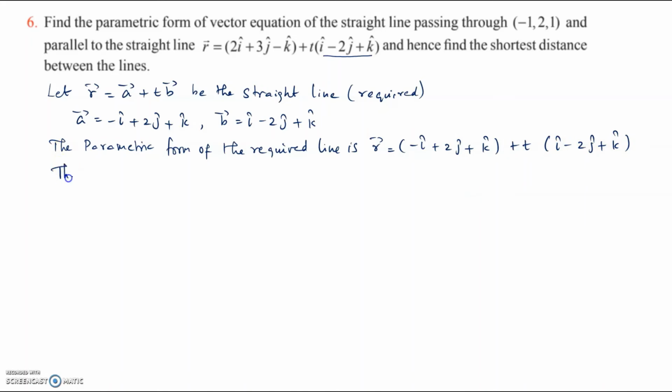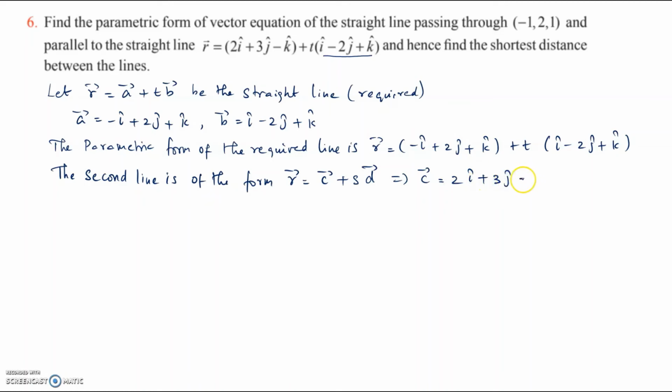The second line is of the form r is equal to c vector plus s d vector. Therefore, which implies our c vector is equal to 2 i cap plus 3 j cap minus k cap.